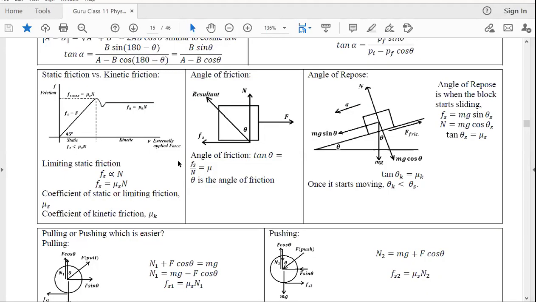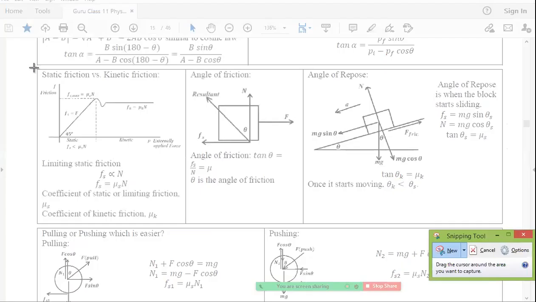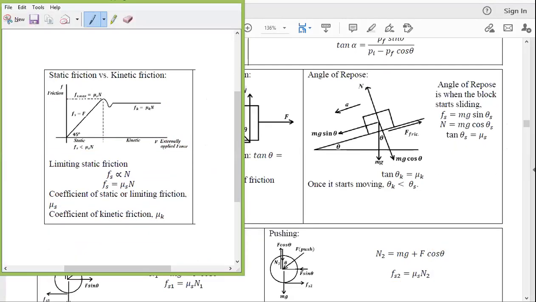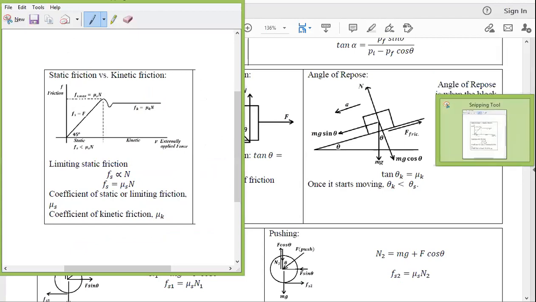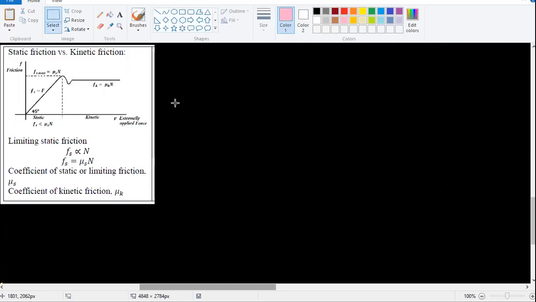Okay, so that's what I have shown here. Let's see what I have written here. First look at the shape of the graph.